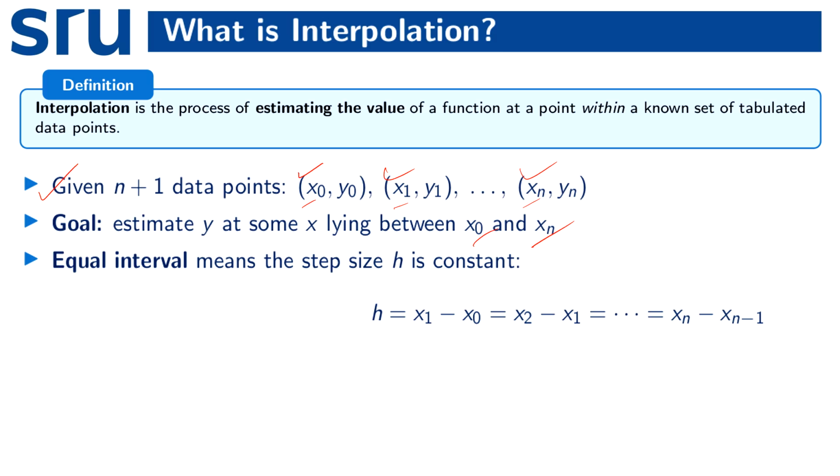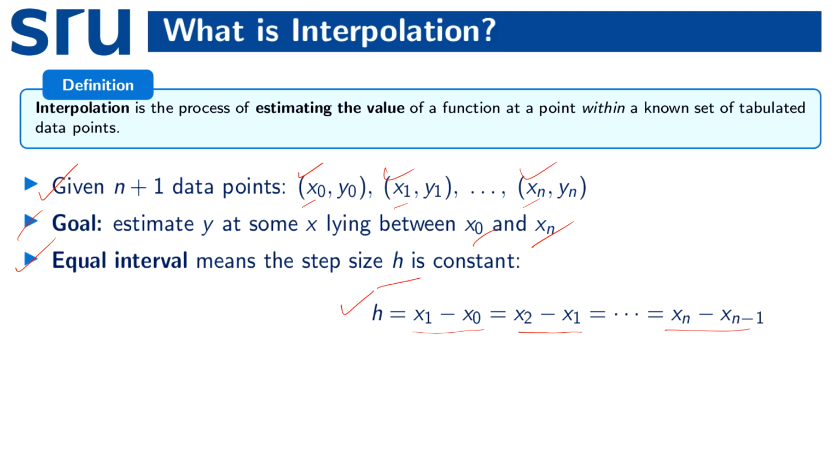Now an important assumption in this slide is equal intervals. Equal intervals means that the step size h between consecutive x values, that is, between any two xi values, is constant, which means h equals x1 minus x0, x2 minus x1, up to xn minus x(n minus 1).